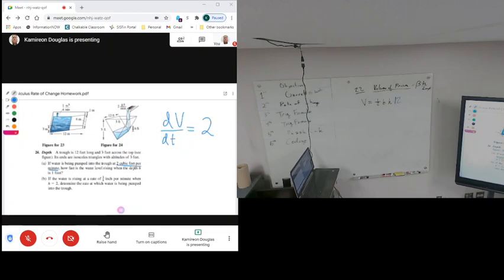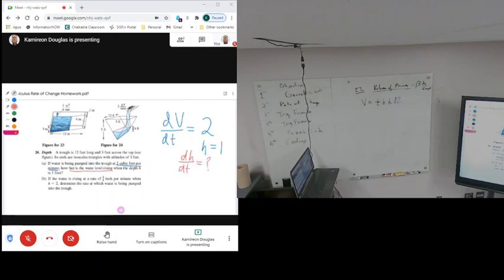How fast is the water level rising when the depth H is 1 foot? Say again? H equals 1. What else? How fast is the water level rising? dH/dt is what we're looking for, right?